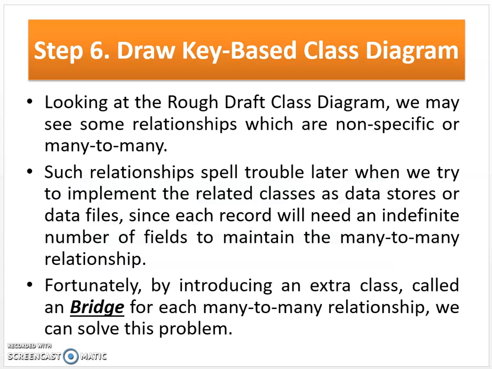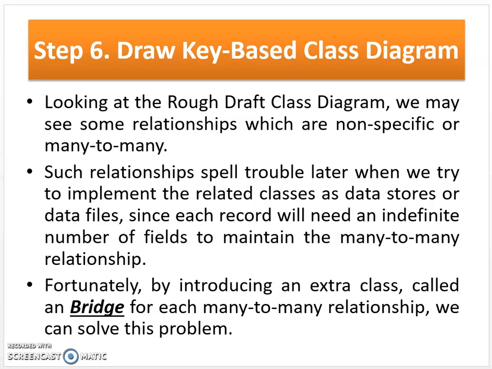Going back to our rough sketch for class diagram, we have identified composite or bridging classes between employee and department, where there is a many-to-many relationship, and also between the employee and project, where there's also a many-to-many relationship.